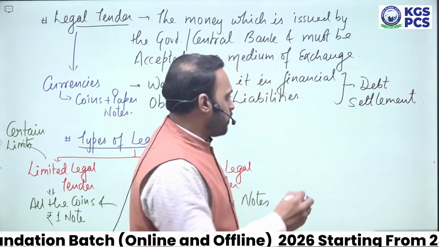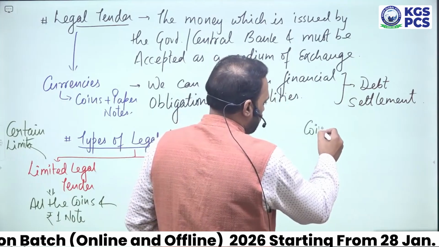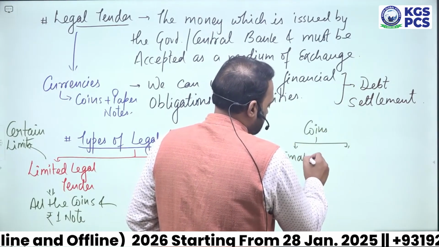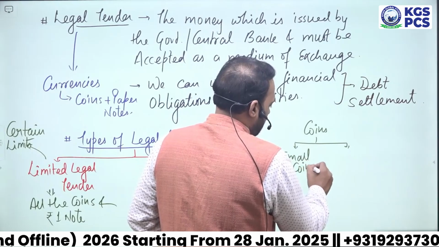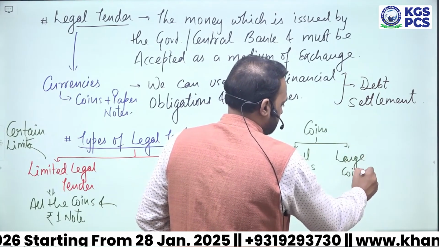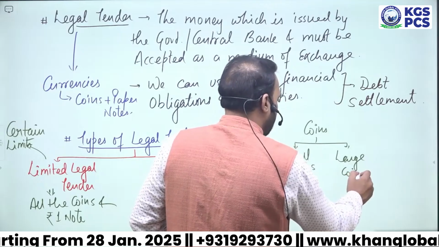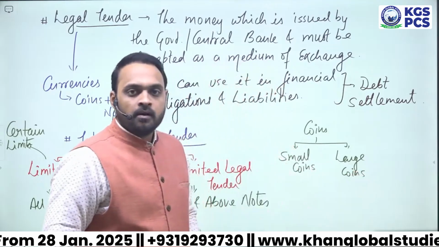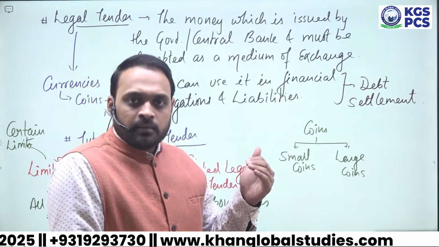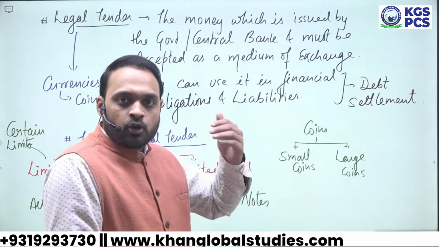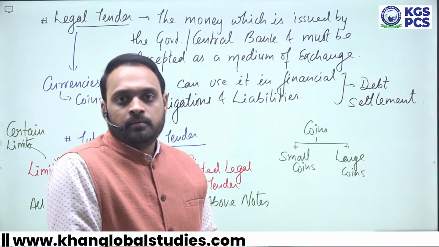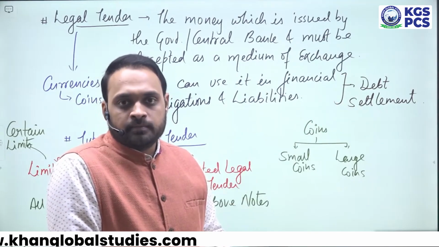And if I talk about coins, coins are of two types: small coins and large coins. The coins which are less than rupees 1 are called small coins, and the coins which are of more than rupees 1 are called large coins.